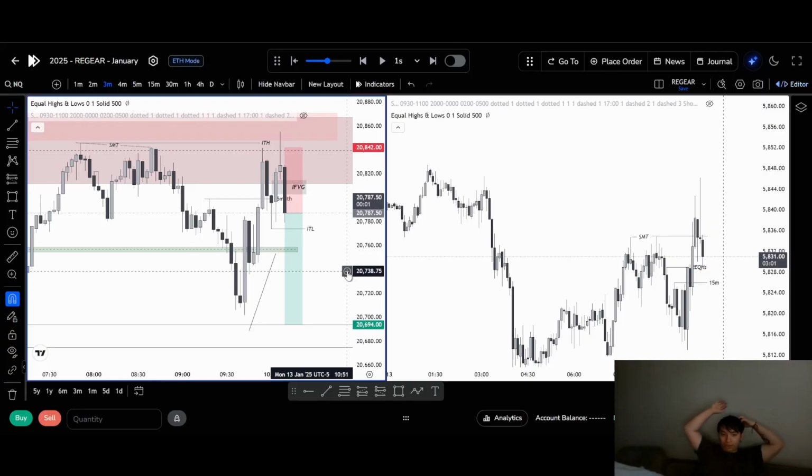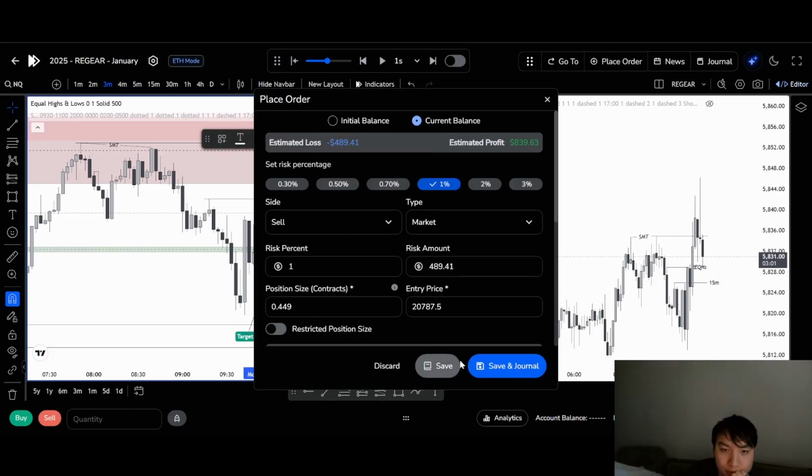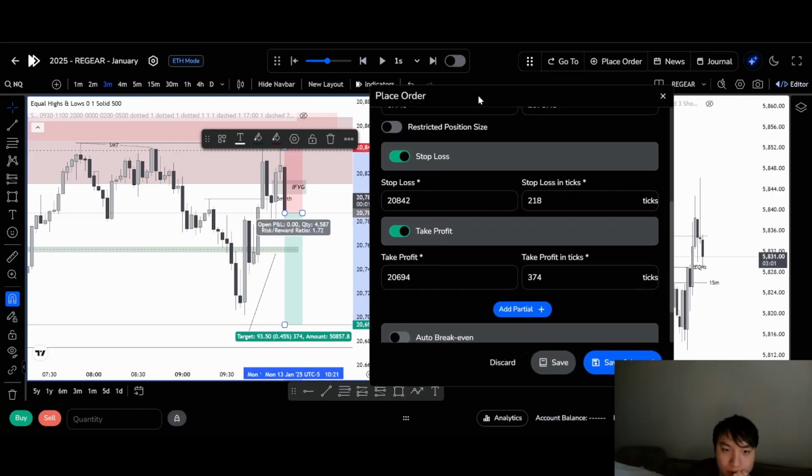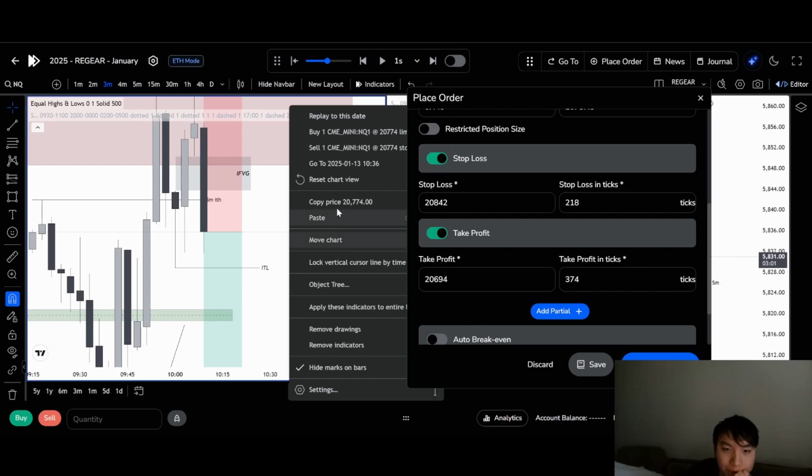But overall, this is my trade. I'm gonna enter this and then see how it goes, I guess. I'm gonna go break even here.